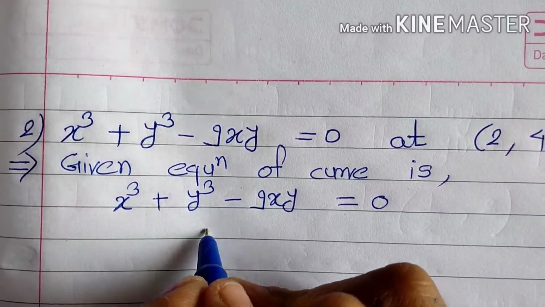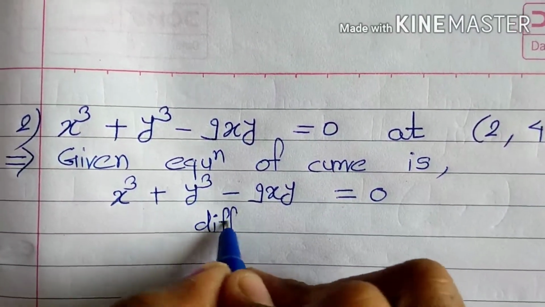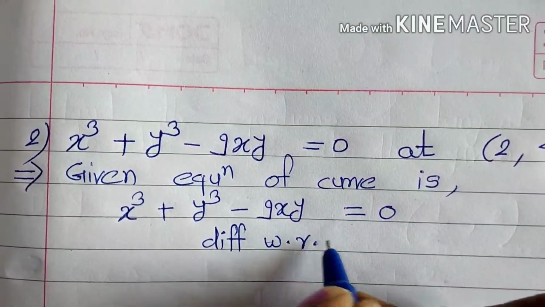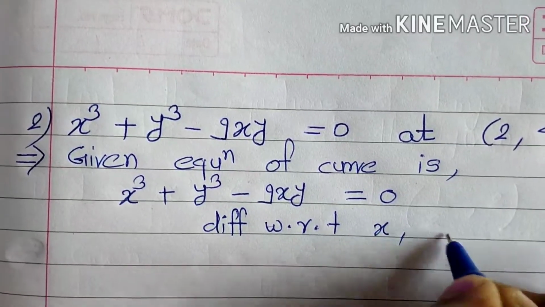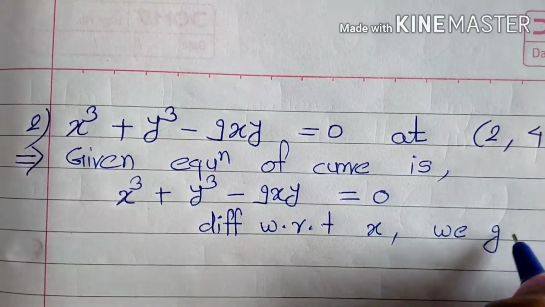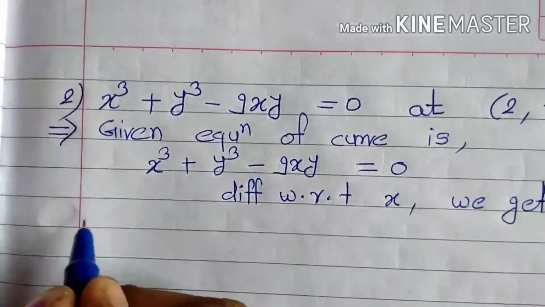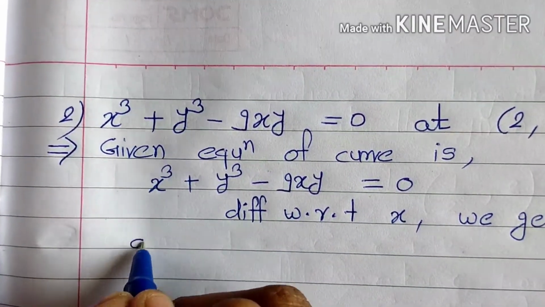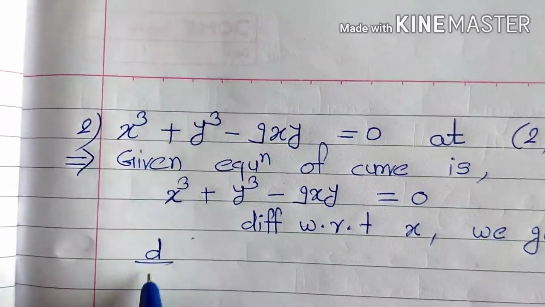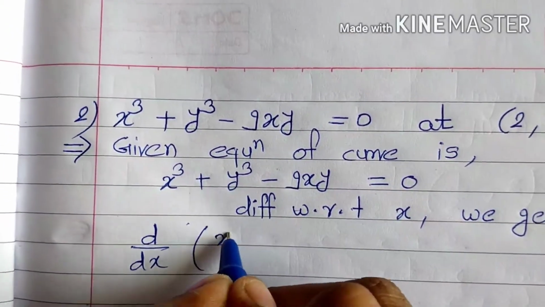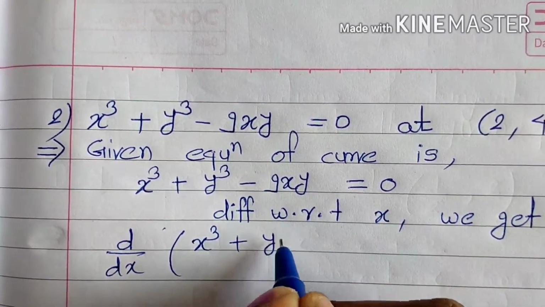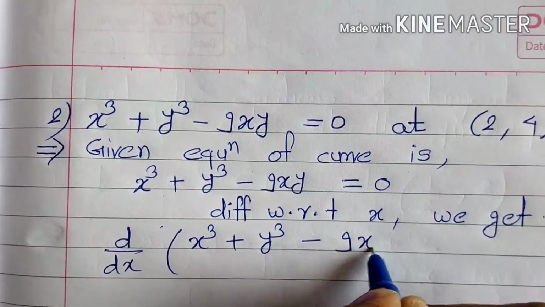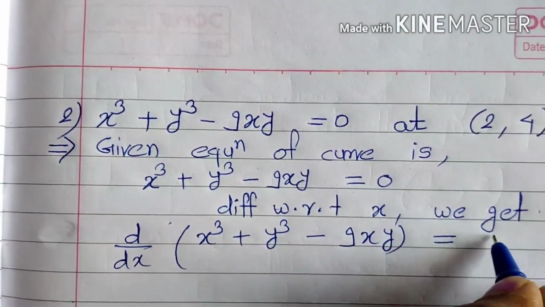So differentiate with respect to x. We get d by dx of x cube plus y cube minus 9xy, which is equal to 0.